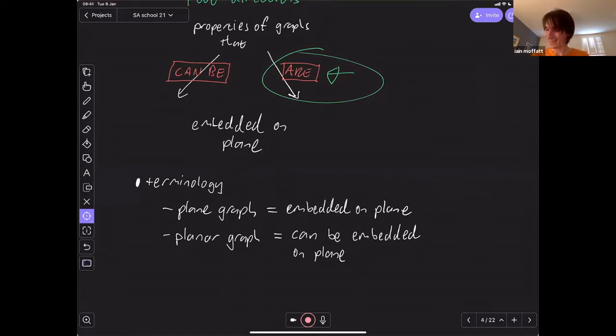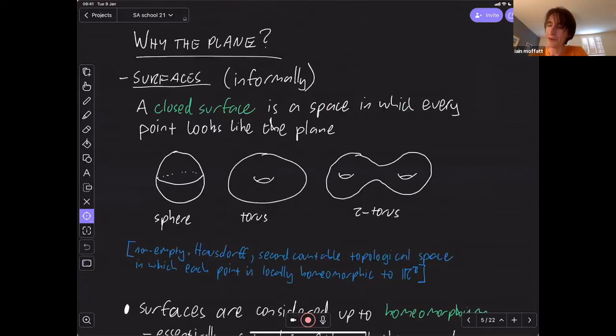Okay, so we've been talking about plane graphs and planar graphs, but my training was topology, so I don't think there's anything special about the plane. Well, I suppose the only thing that's special about the plane is that it's super easy. So we could start asking ourselves why the plane.